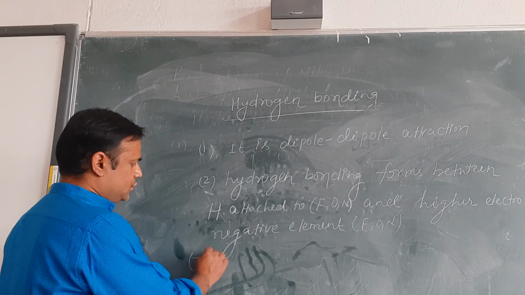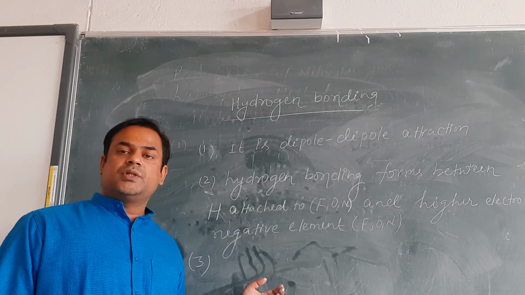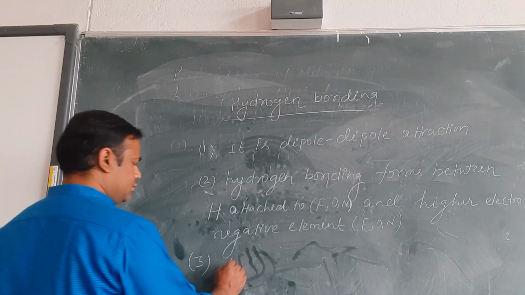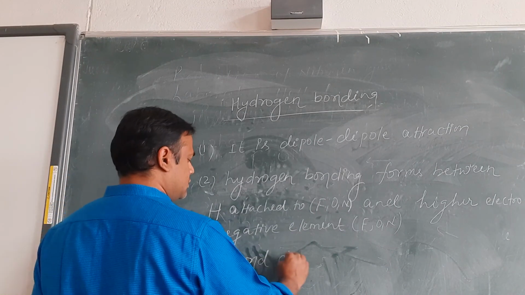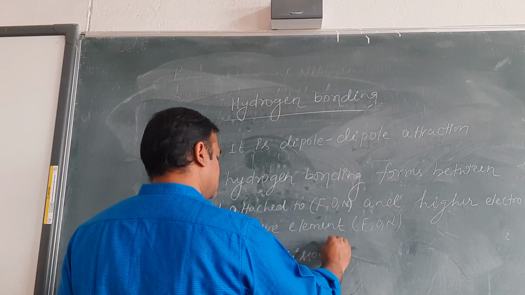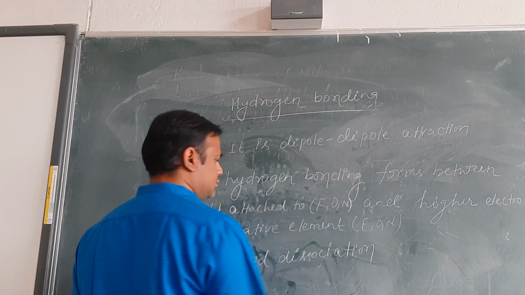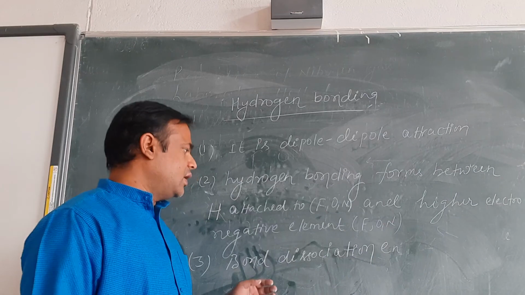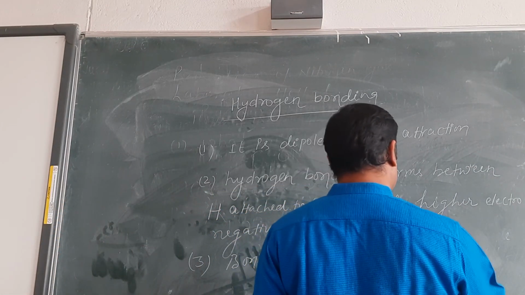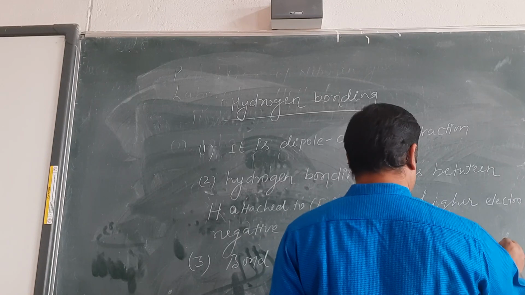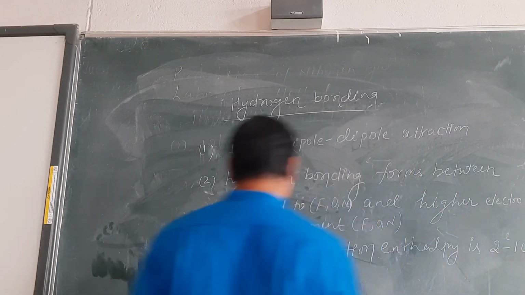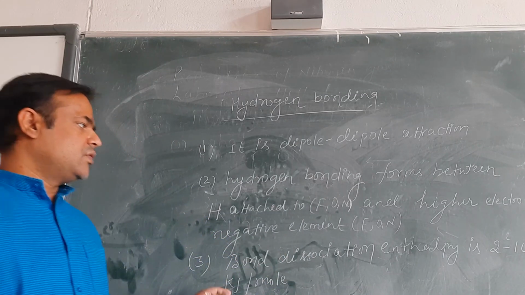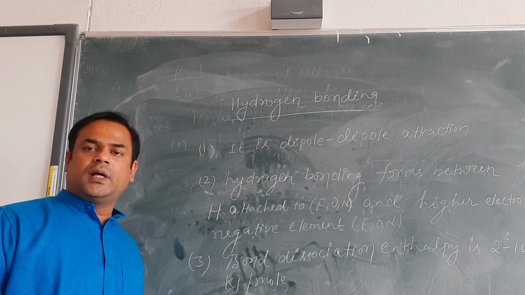Third point, the bond dissociation enthalpy, or bond enthalpy, of hydrogen bonding is high, that is 2 to 10 kJ per mole.